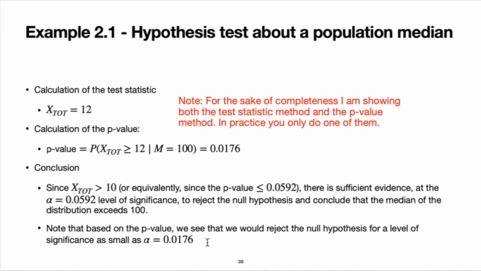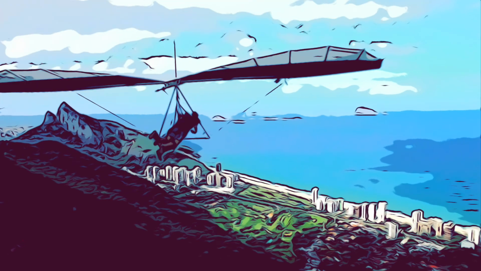Because if we were using alpha equal to 0.01, the p-value is not less than or equal to that, and so for a 0.01 level test, we would fail to reject the null hypothesis. But for a 0.0592 level of significance or a 0.05 level, and for any level down to and including 0.0176, we would reject the null hypothesis and conclude that the median is something greater than 100.